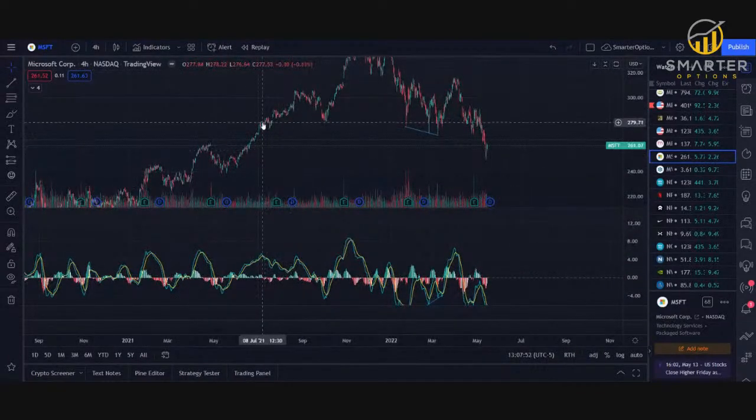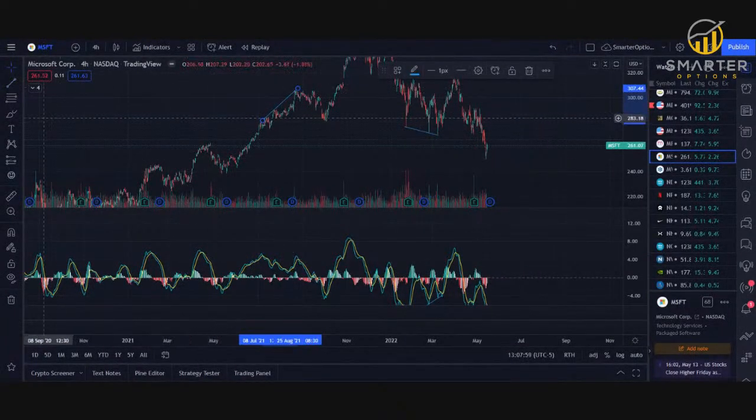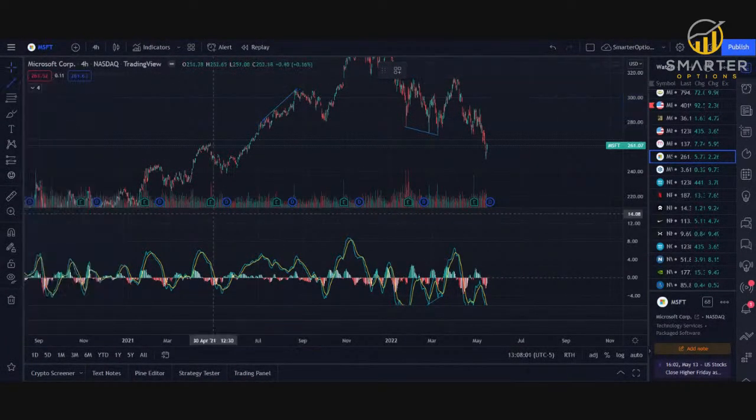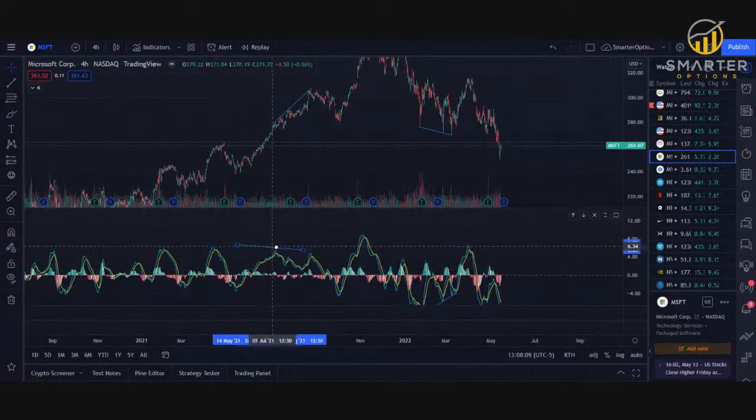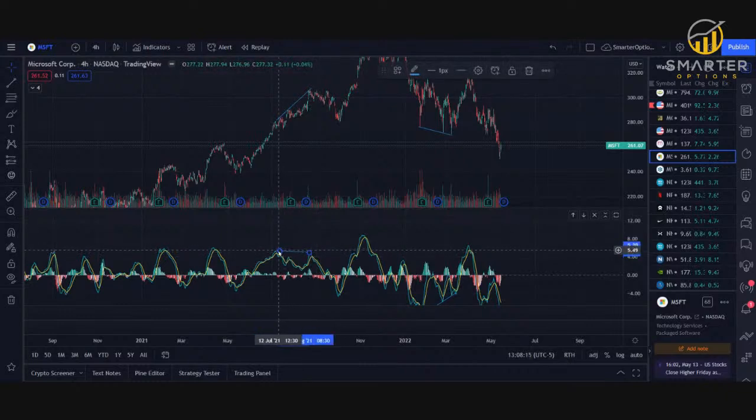Just trying to see if I can find any more here. Okay, here we are. Here we were getting higher highs, but getting lower highs. That's a bearish div. Oops, sorry. I meant to put that right here. Okay. That's a bearish div. And sure enough, we fell.